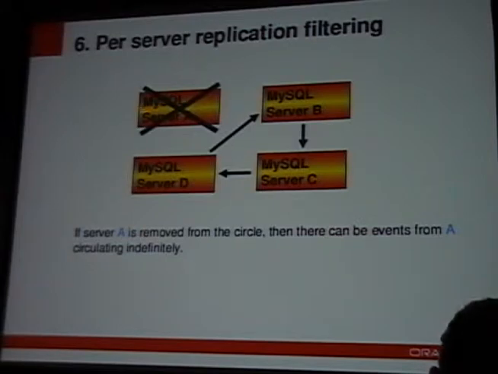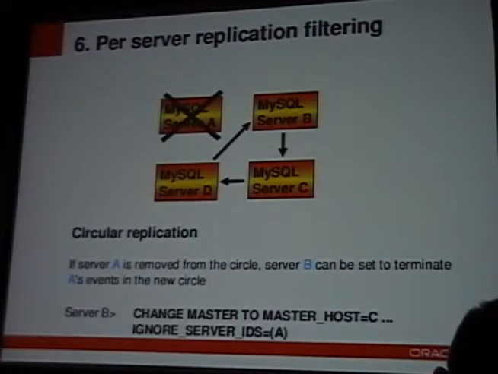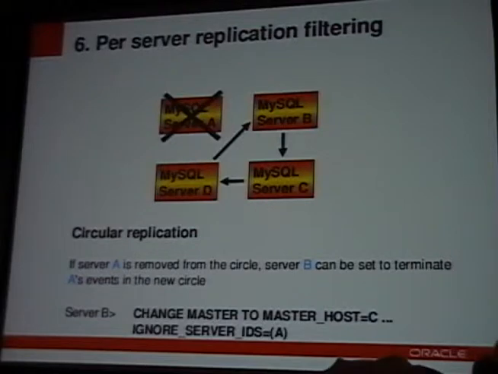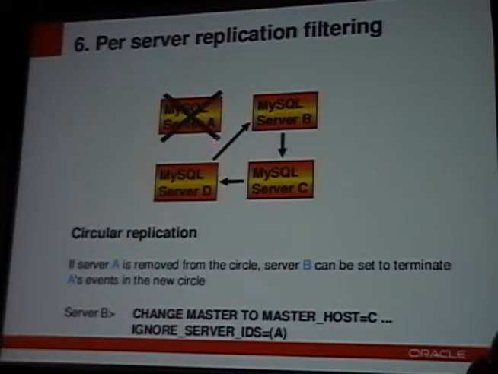If you remove one server, then if you happen to have an event from A already in this circle, that could loop forever in this circle. So the solution for this is, when you create this smaller circle because this one has failed, you at the same time say that events from A should be ignored, in this case, on server B. So when an event from A comes back to B, then it's removed.